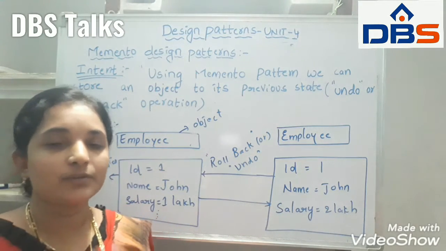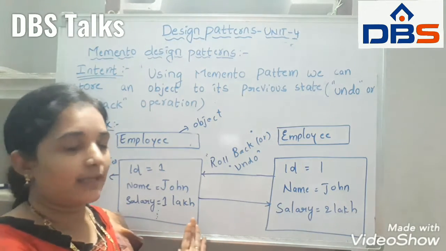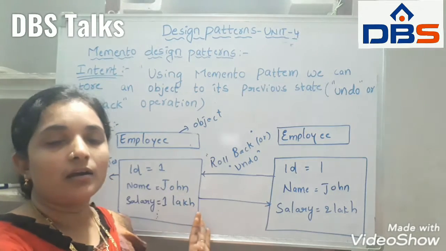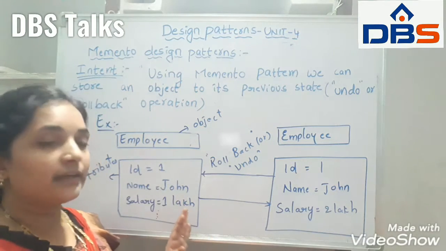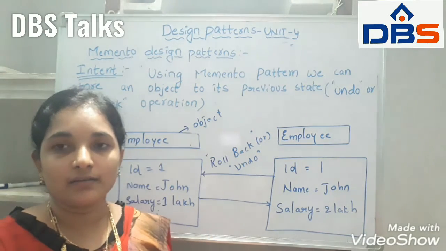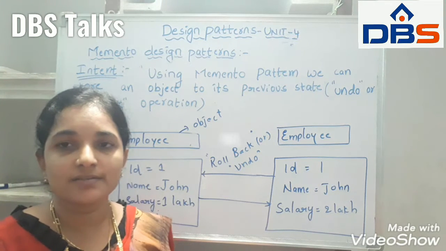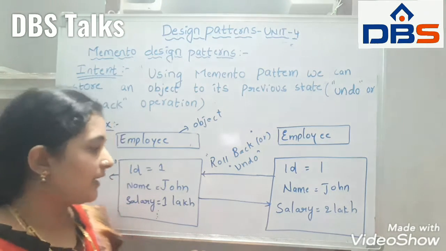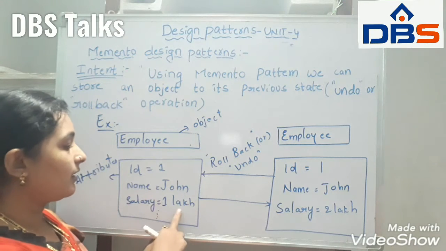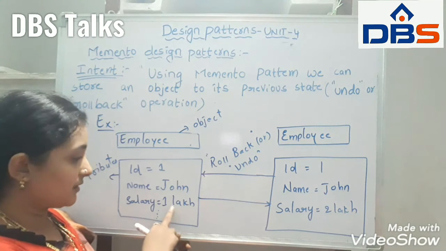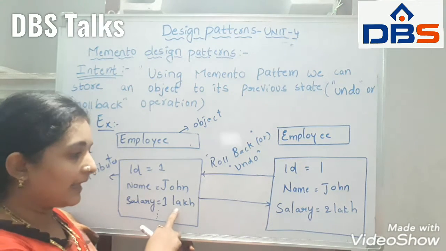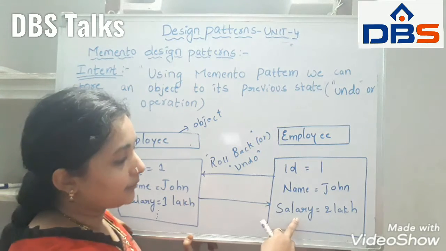In the first state I took 50 attributes, and in that I have changed 25 attributes. For example, I changed the salary. Previously I took 1 lakh, and in the present I took 2 lakhs.